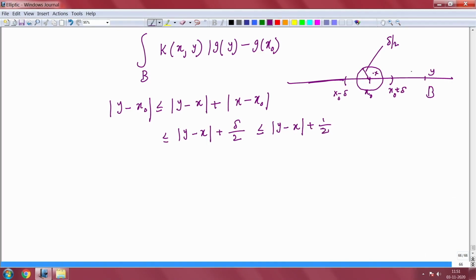So, delta will be half of y minus x naught, this delta is then equal to y minus x naught. So, this will give you half of modulus of y minus x naught less than or equal to modulus of y minus x.